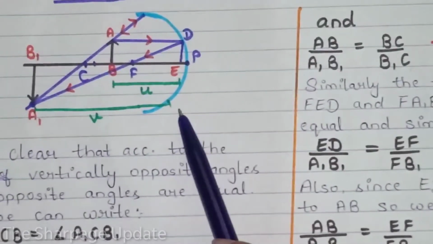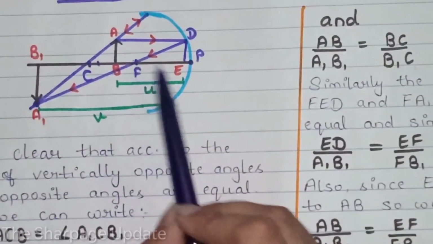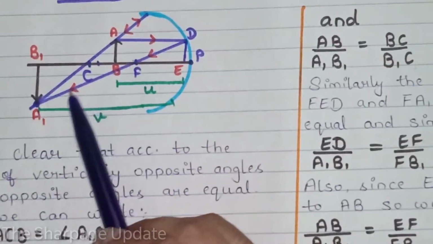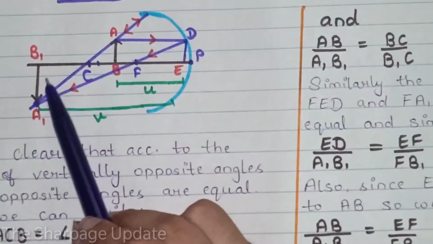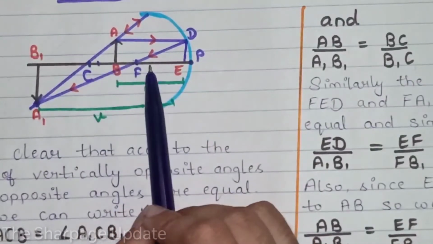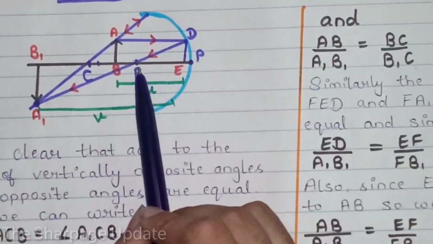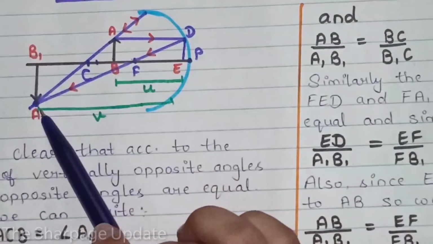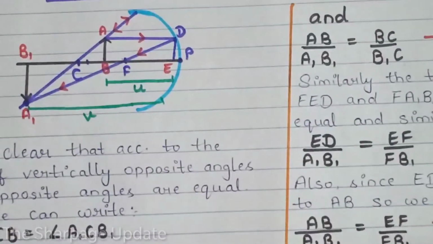Similarly, you can see the triangles FED and FA1B1 are also similar. So we can write ED upon A1B1 is equal to EF upon FB1.